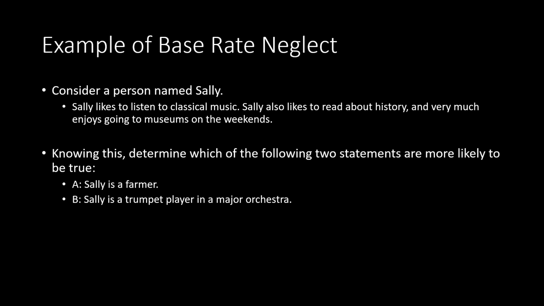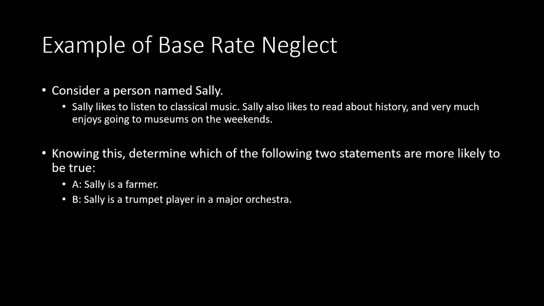And so our best bet would be, what are the numbers of people that are in the entire population that satisfy these two criteria, and whichever one they're more of, that's more likely to be what Sally is, right? So in this case, for being farmers, that would be about 2 out of every 300 people is a farmer, because there's about 2 million farmers.